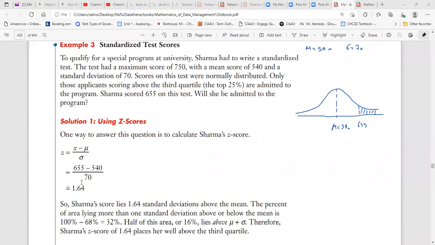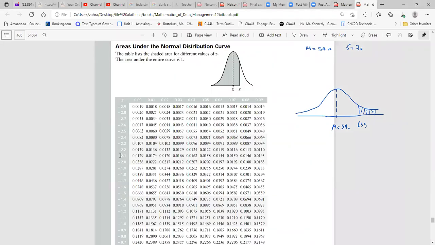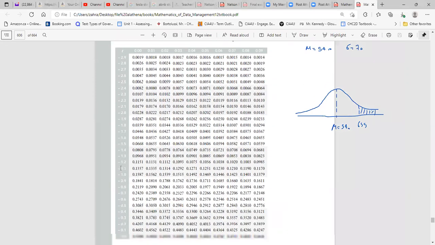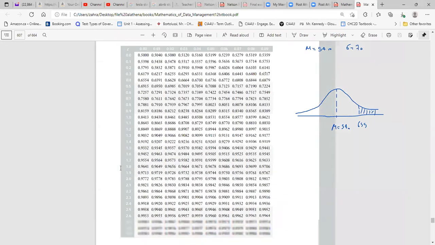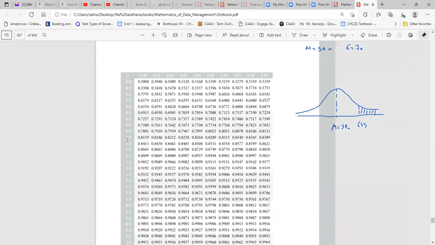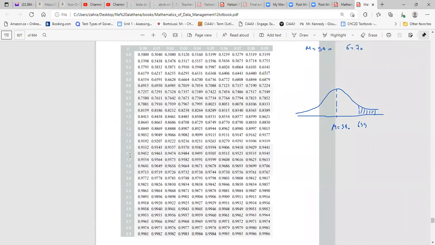Now I'm going to the table again. My z score is 1.64. Here is 1.6, and you have to go all the way until you get to 64, right? This is the number.